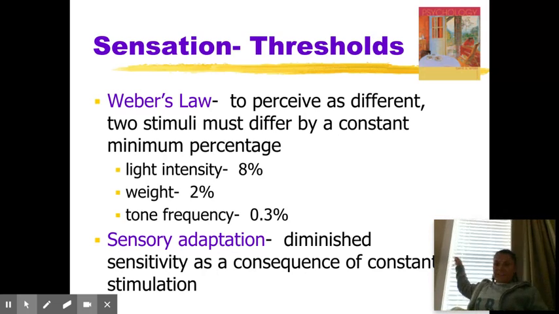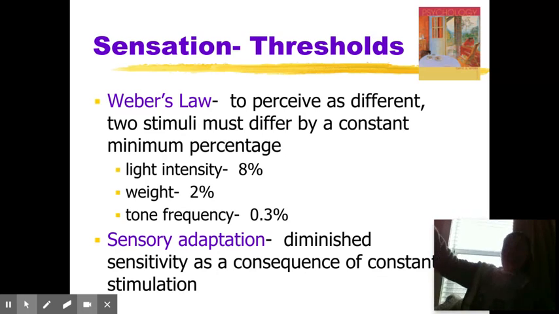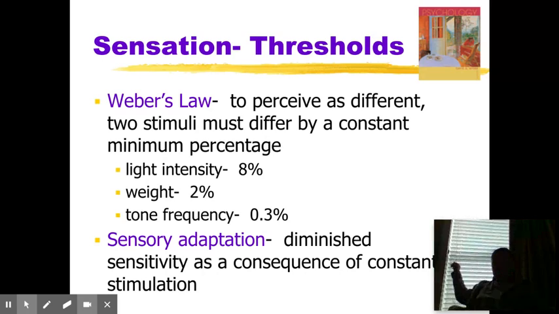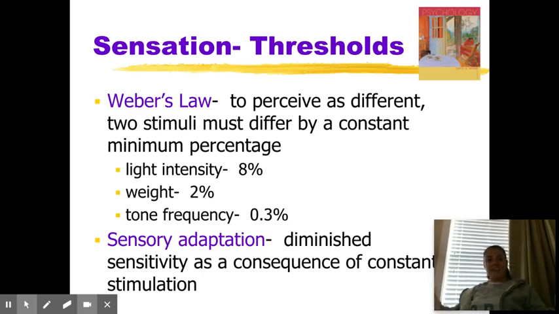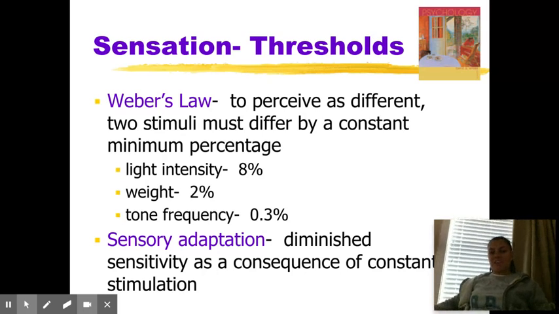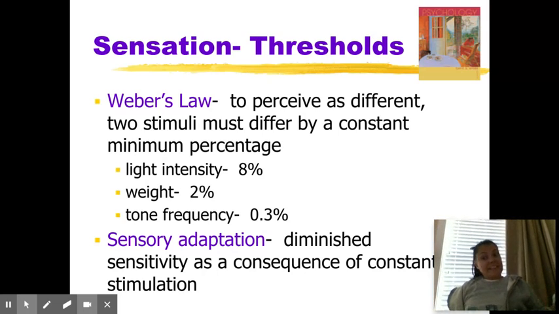But if I turn on this blind first and make it all the way up here, and I turn on the overhead light, you might not notice a difference. See, because the stimulation has to differ by a particular minimum amount for us to tell the difference. So for light, we have to be able to tell at least an 8% difference in the lighting.